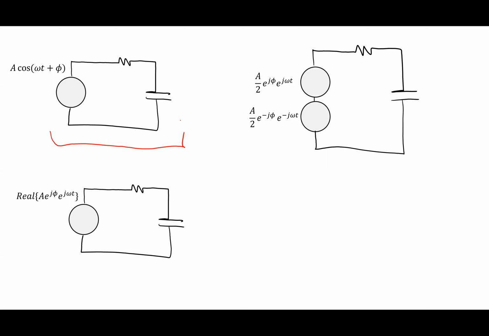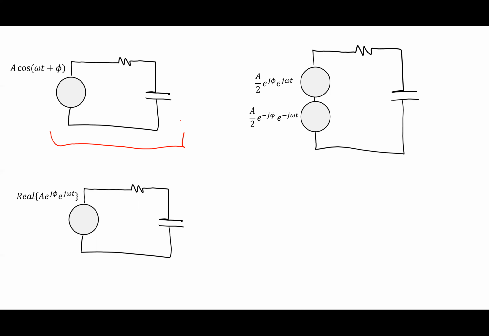If you had to go into the lab, where would you get A cosine omega t plus phi? A function generator, right? That's basically A cosine omega t plus phi that I can plug in there. And that circuit is a real thing I could build. There's a voltage source that could have a voltage of that shape.